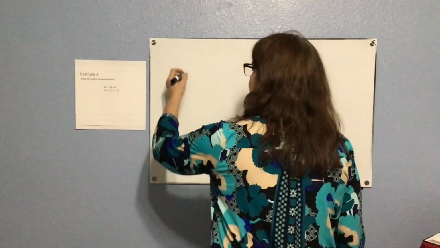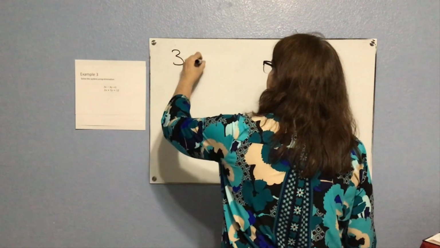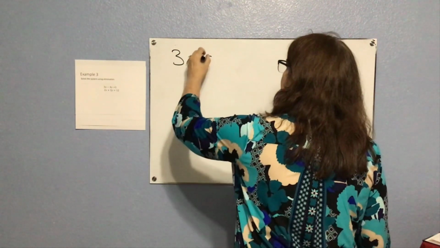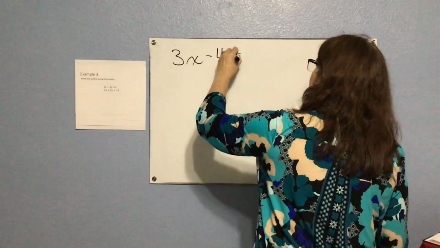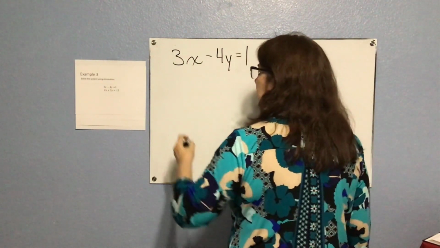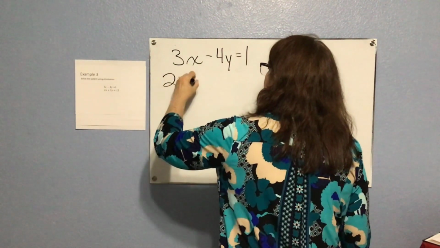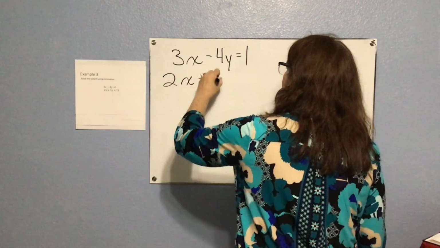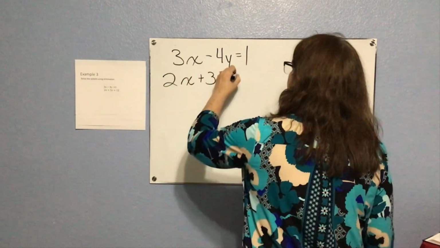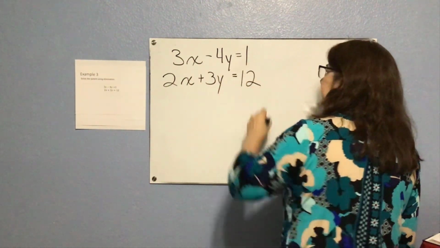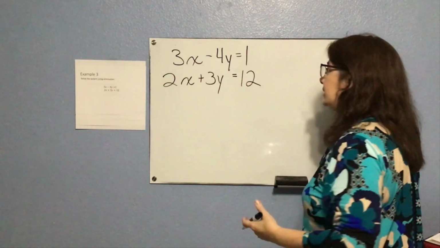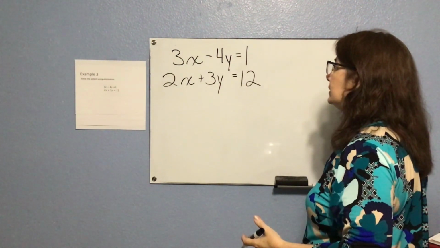So here's a system. 3x minus 4y equals 1. 2x plus 3y equals 12. And again, I don't see anything real obvious.